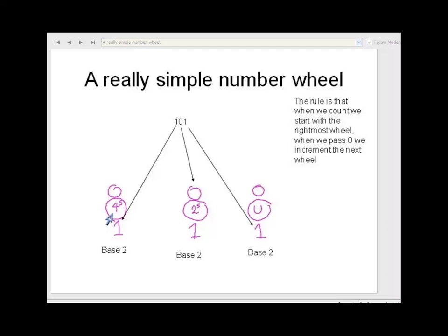All the stuff in this wheel is worth 4. So if I have a binary number, 101, that means 1 fourser, no twosers, and a unit. So if I've got 1 fourses, no twosers, and a unit, how much have I got?